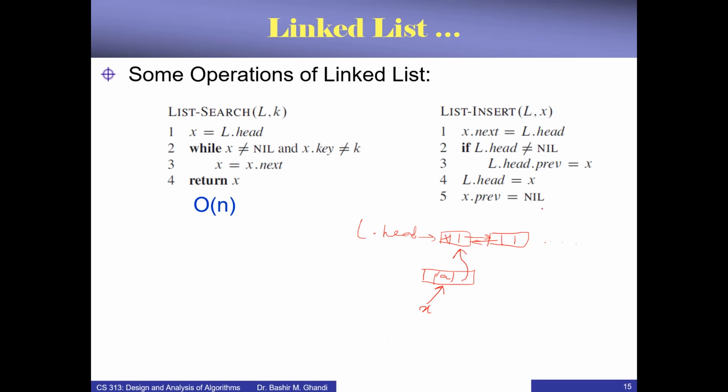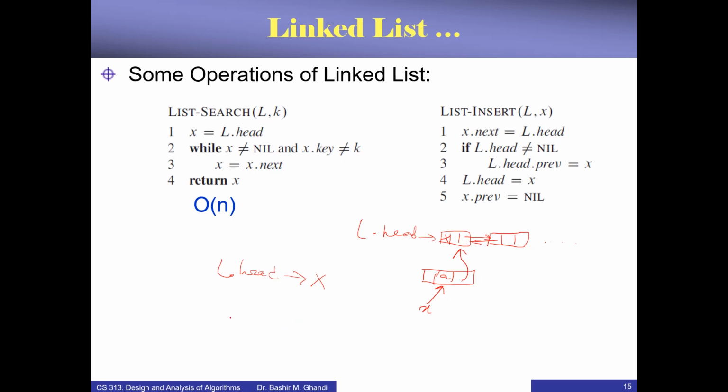Now the second statement is saying if L.head is not nil, because of course, as we know, there are two scenarios. We could have started with a list where L.head is nil, meaning it is empty.